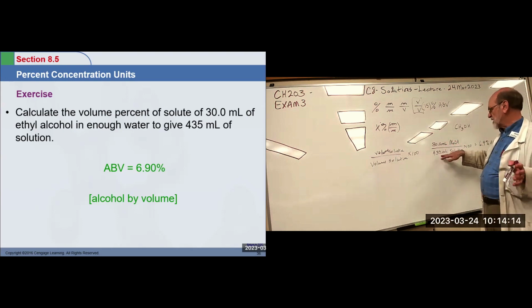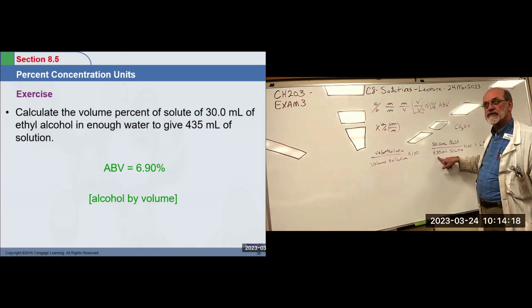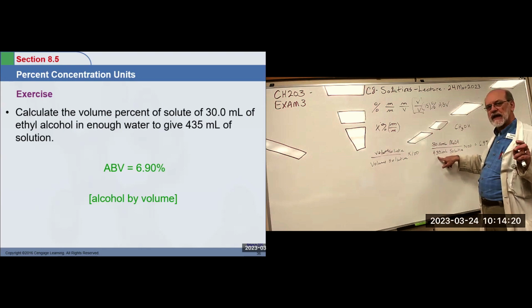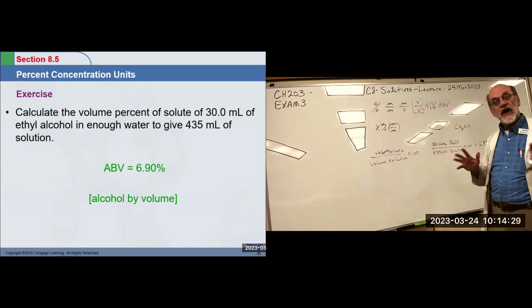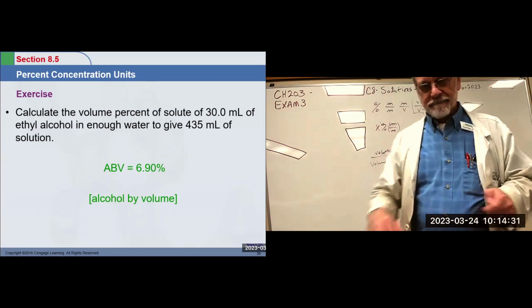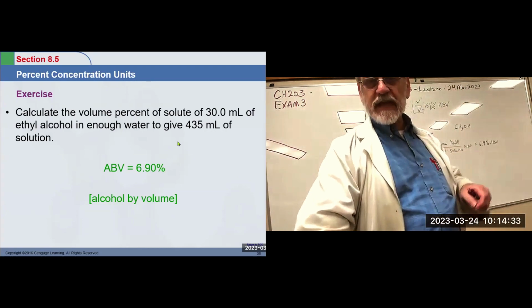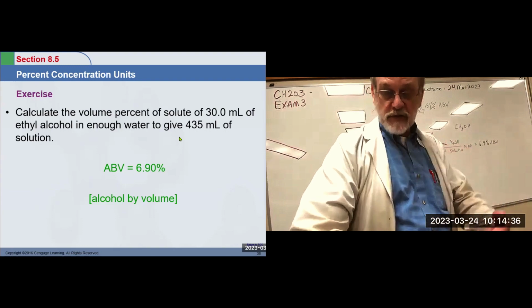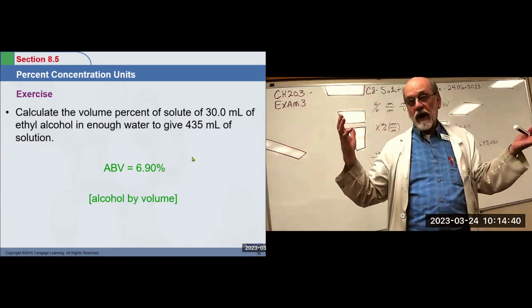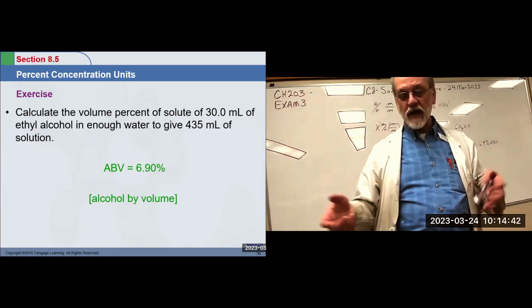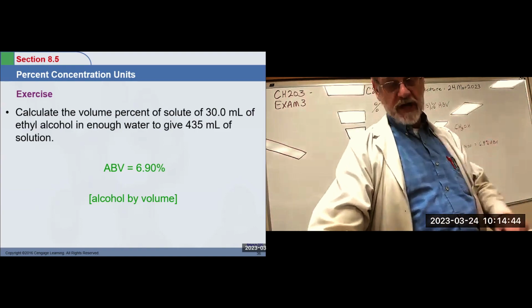So it could have been 395. Excuse me. It could have been 430 milliliters of water, and 30 milliliters of alcohol gives you a final solution of 435. So it's not additive. That's why they tell us it gives you 435 milliliters of solution. Now, if it's mass, of course, no problem, because the mass is not going to change, but the volume will change.